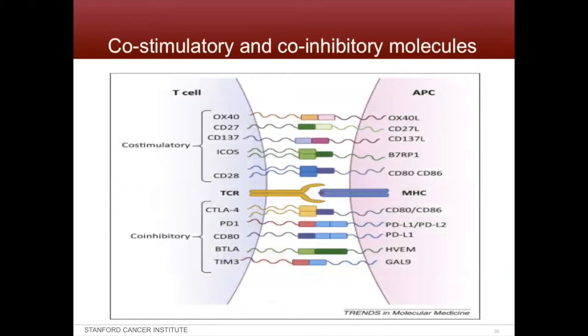Okay, so when we're thinking about the immune system and developing new treatments, it's not as simple as just this one white flag. There are multiple white flags that exist, and there are multiple things that stimulate the immune system.